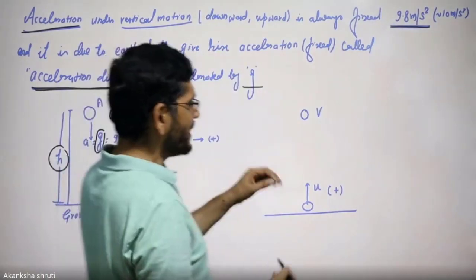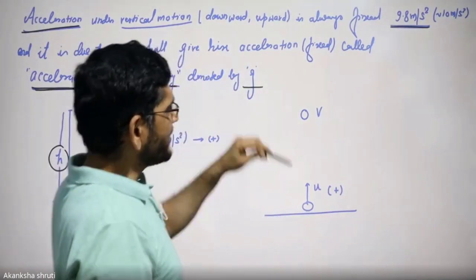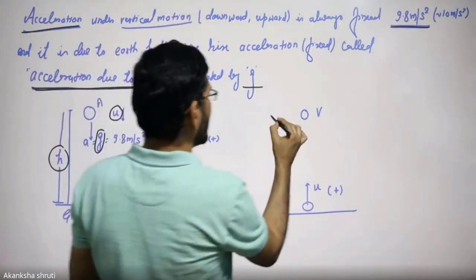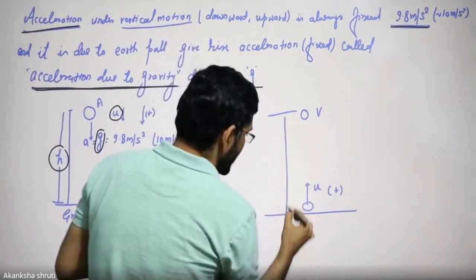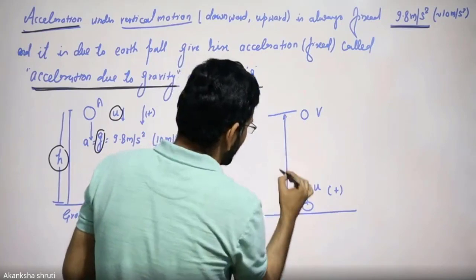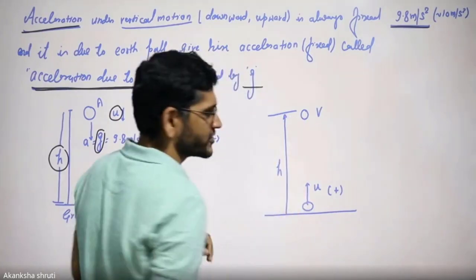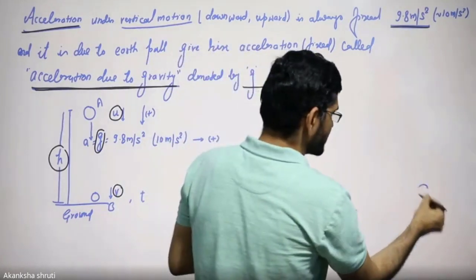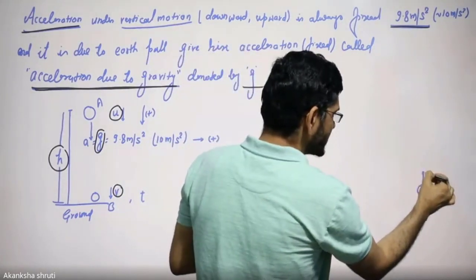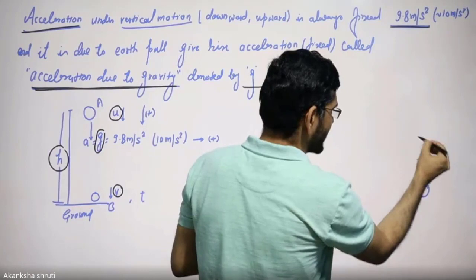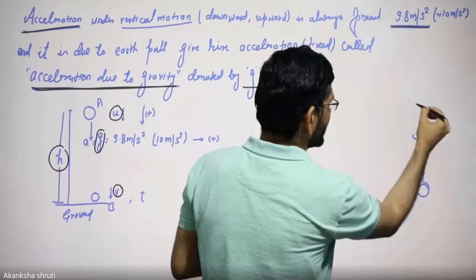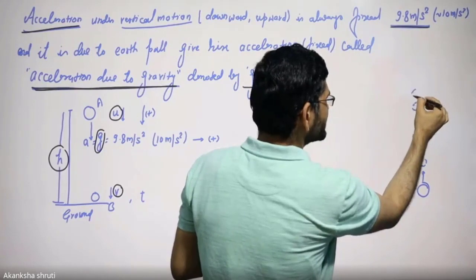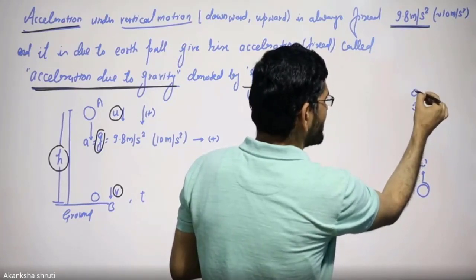Students, I may observe the maximum height to which the body has gone, and denote this maximum displacement by h. Observe carefully: I have thrown it upward. The ball will appear somewhere here, and from here, say this is the maximum height it has gone.